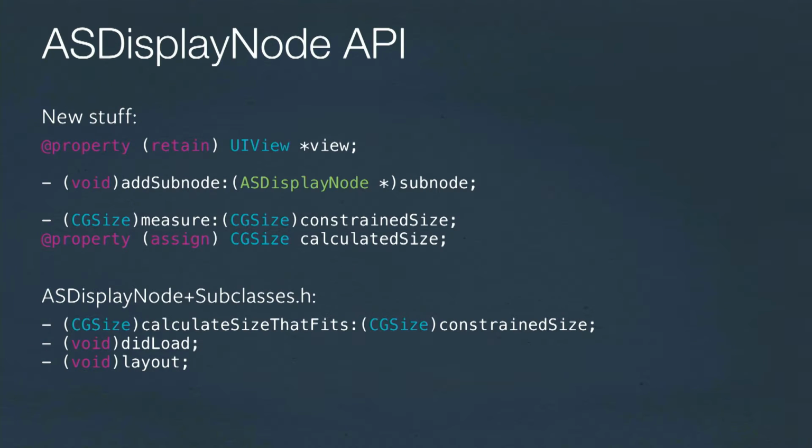We've added a view property. So there's the layer property, as you saw before, that UIView also has. There's now addSubnode, there's removeSubnode as well, just like addSubview and addSublayer. And some of the more interesting stuff is this method called measure, which performs an asynchronous layout pass. We'll get into this in a moment.